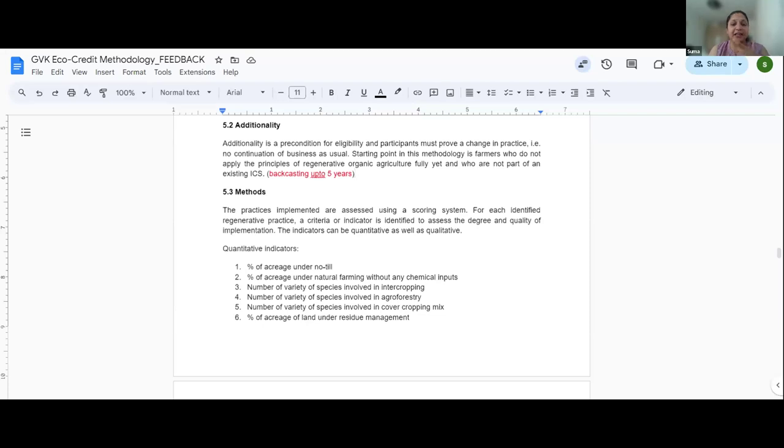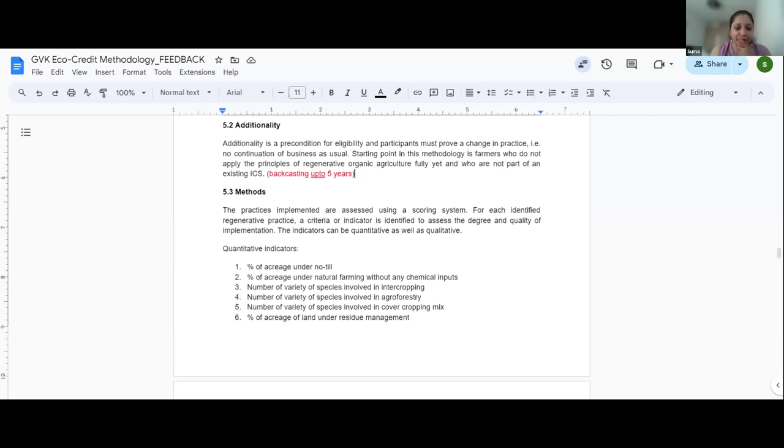Is it really necessary to bring this financial barrier when we are trying to define additionality? Or is it okay if we tweak and we are basically basing it on changing of business as usual scenario in terms of implementation of practices?